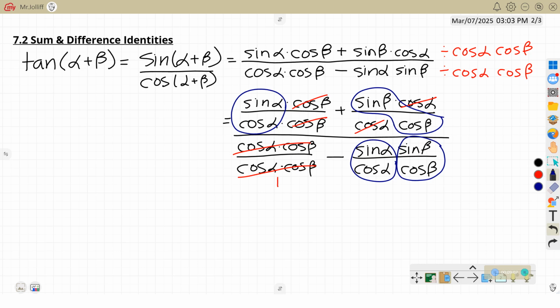So all of those things we circled in blue, we are now going to replace with tangent, because sine over cos is tan. So that first fraction in the upper left becomes tan alpha plus, oops. Next one, I've got sine beta over cos beta, which is tan beta.